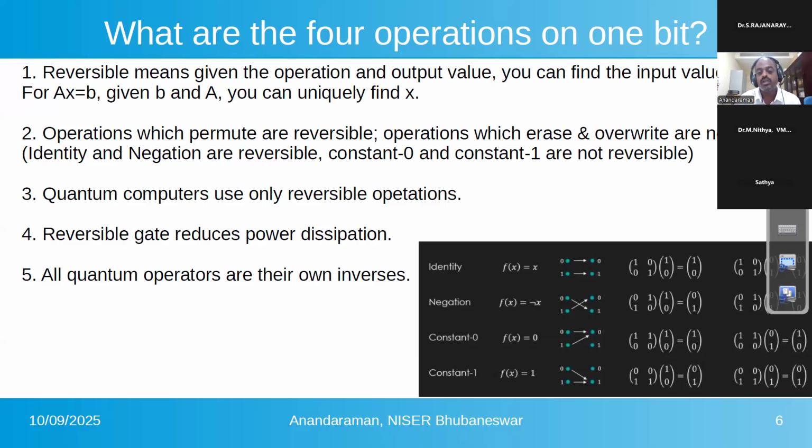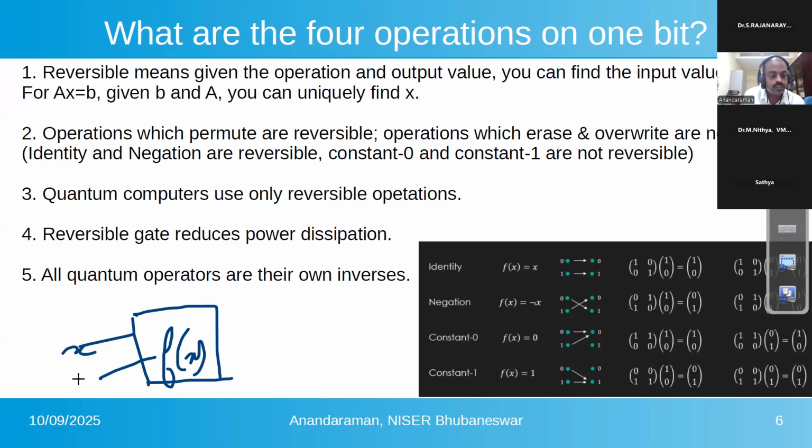What is a constant function? You have a function f of x, y. For any combination of input, for example 00, 01, 10, 11, irrespective of the input, if your output is the same, then that is called constant.